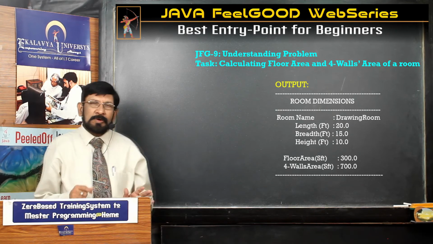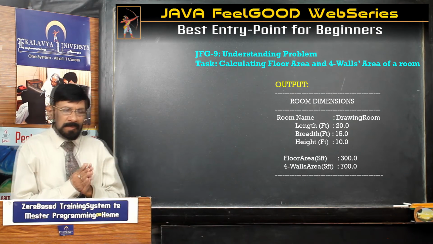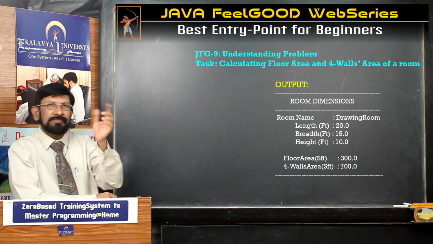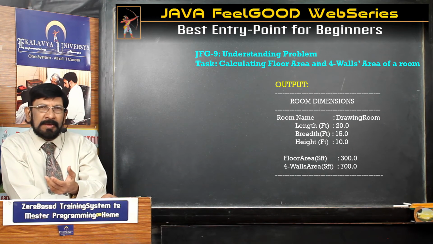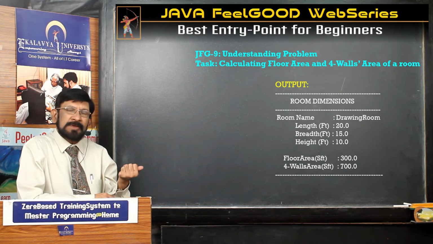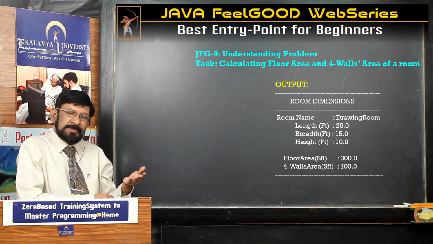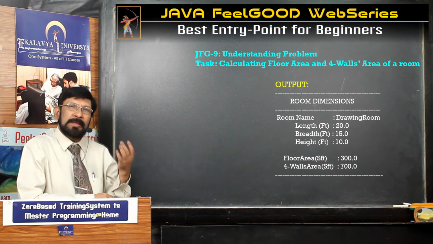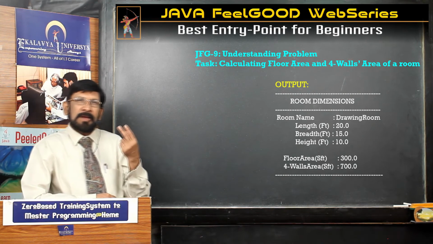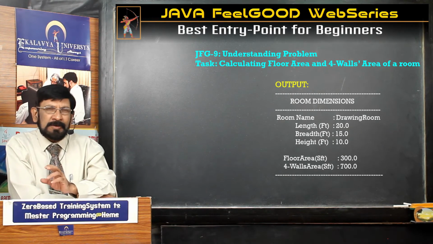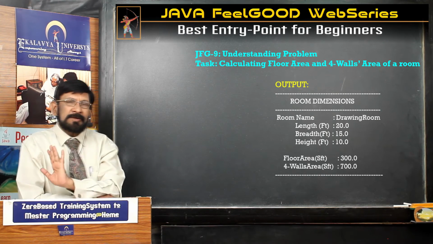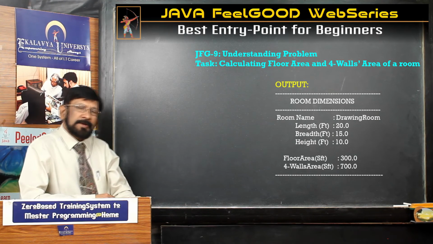So in the blueprint class, what name do you give? Room is appropriate. In that, four instance variables, one constructor, and three instance methods you write: calculate floor area, calculate four walls area, demo room dimensions or room areas. With this, the blueprint class will be ready.